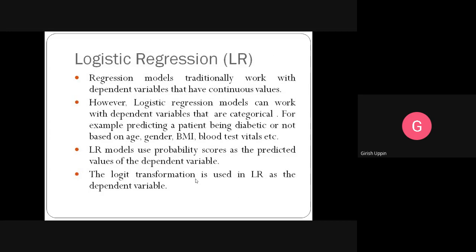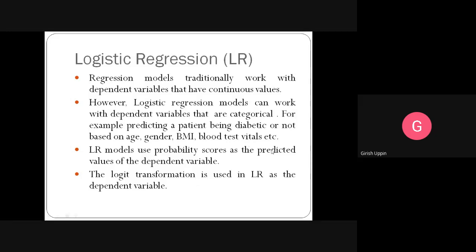For example, a particular patient can have diabetes, yes or no. We can use probability scores for doing that, but we can do this logistic regression for categorical classification also, either binary classification or multi-class classification.